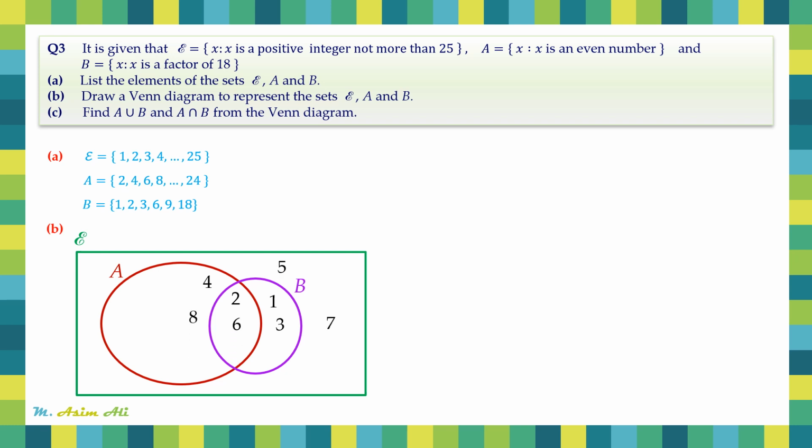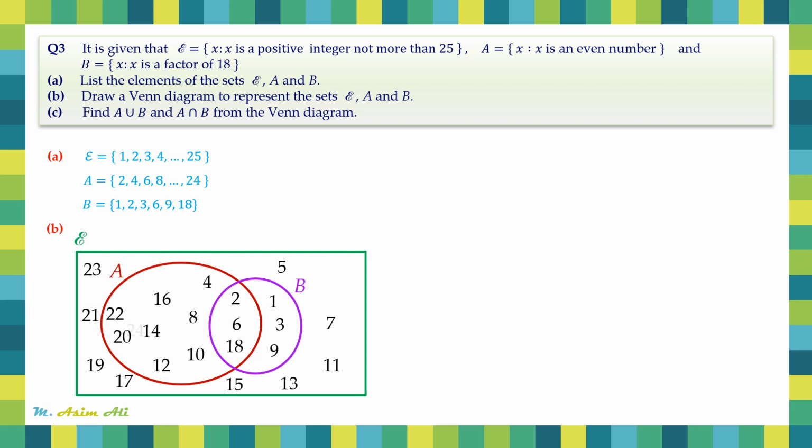The common elements will come in the intersection part, and the numbers which are even but not factors of 18 will come outside B but inside A. Numbers which are odd will come outside of both, because odd numbers cannot come inside A. But the numbers which are odd but factors of 18 can come inside set B. For example, 3 and 9 are odd but factors of 18, so they will come inside B but outside set A. This way we'll write all the numbers. 16, being an even number but not a factor of 18, will come outside B, and 17, being an odd number and not a factor of 18, will come outside of sets A and B. And 18 is a factor of 18 and an even number, so it will come in both of the sets.